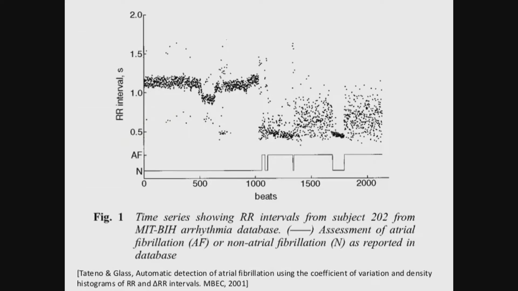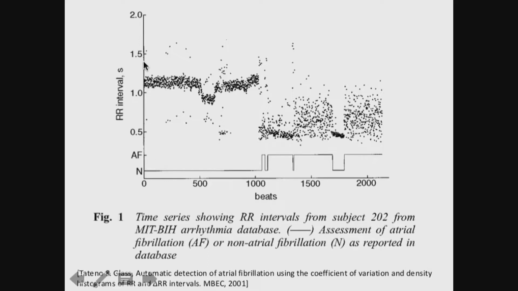And then you can very quickly see that once you start to look at intervals between peaks, that alone is often good enough for predicting whether a patient has atrial fibrillation. This is a figure taken from a paper in 2001. I'm showing a single patient's time series. The x-axis is that patient's heartbeats across time.